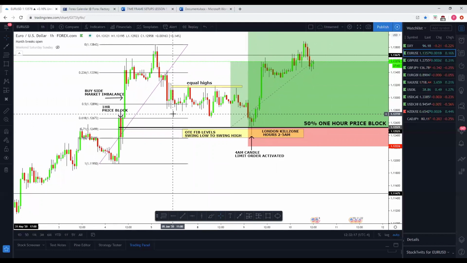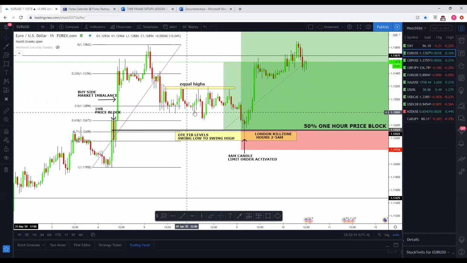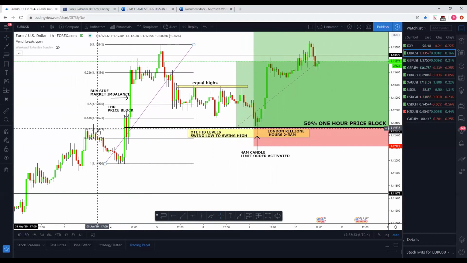A good trade usually will happen in these hours. These are your optimal trade entry times between 2 and 5 a.m. for London. And these are your OTE fib levels of price, 71 to 786.